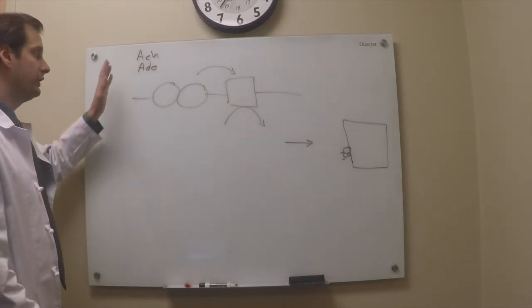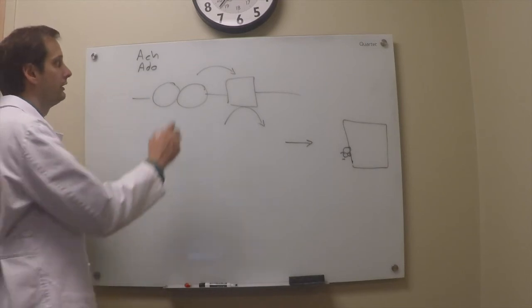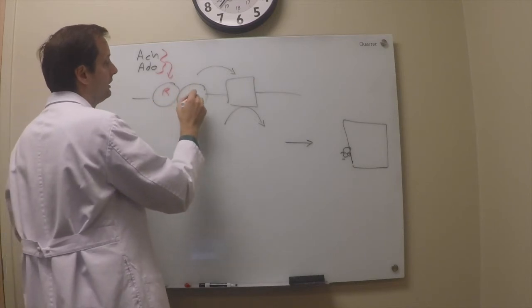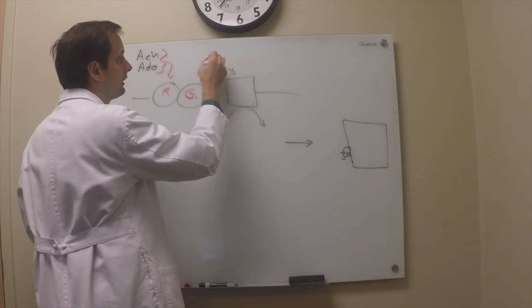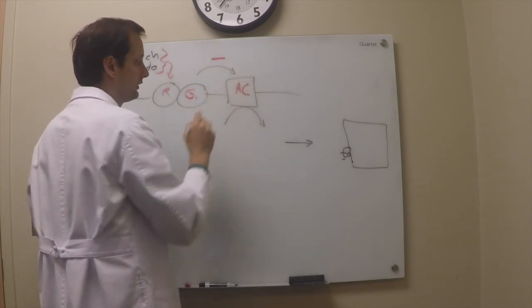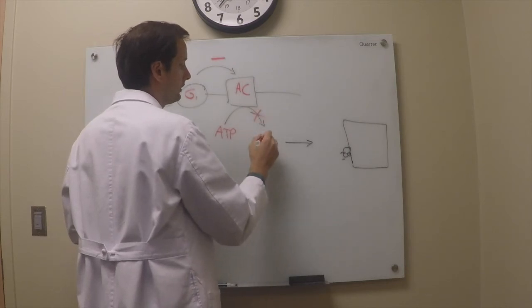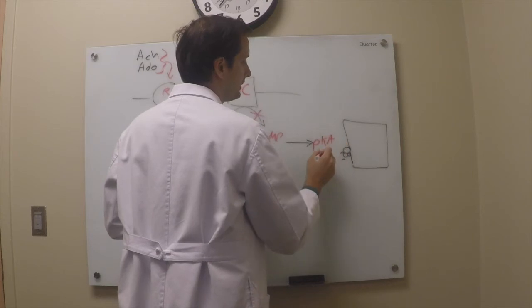So to summarize, inhibition of your SERCA activity is going to come again from either acetylcholine or adenosine binding to their respective receptors, this being coupled with an inhibitory G protein, which will have a downregulatory effect on adenyl cyclase. ATP will then not go to cyclic AMP, and the rest of the pathway won't take place.